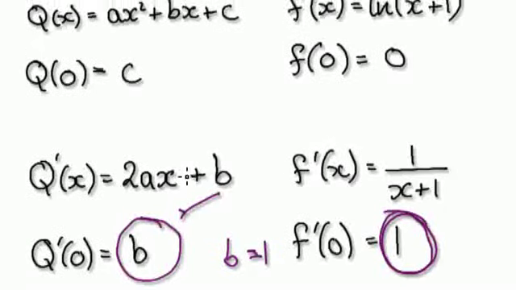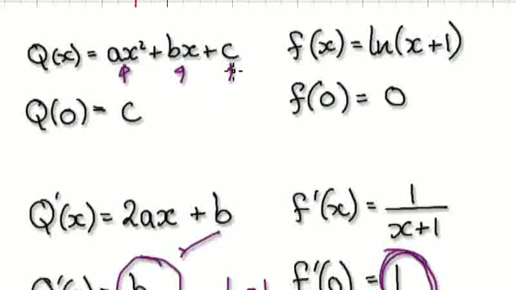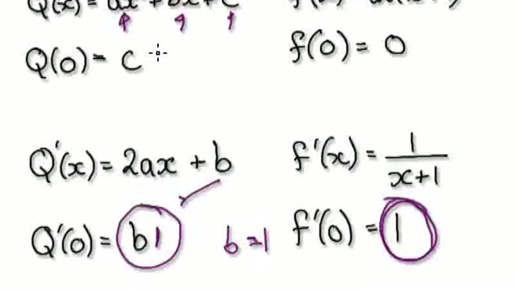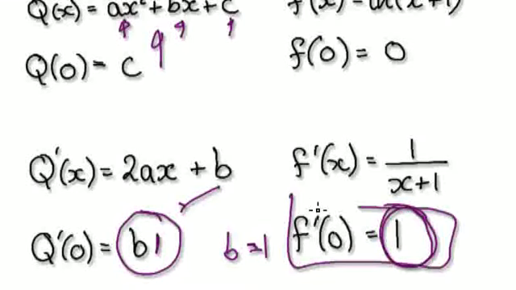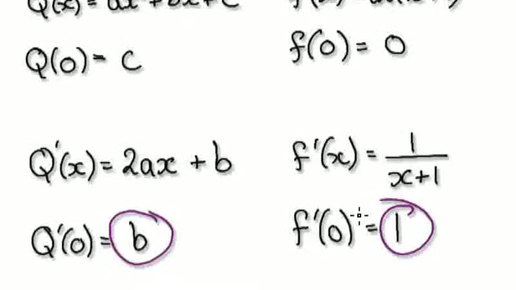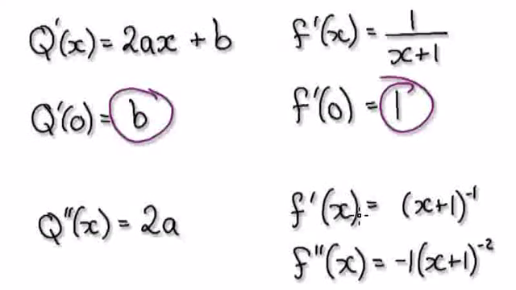So we want to find out a, b, and c. If you set b to be 1, then the first derivative of our quadratic will be the same as the first derivative of this. And now the second part of the trick is to differentiate it again and look at the second derivative.